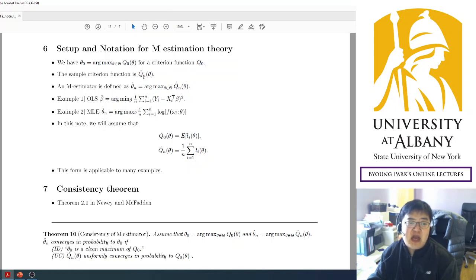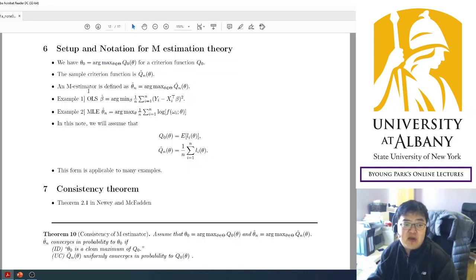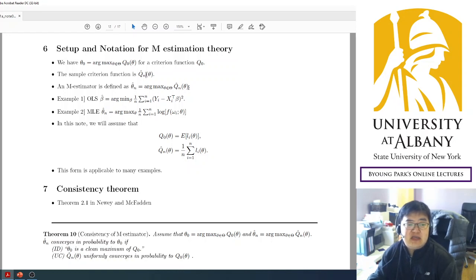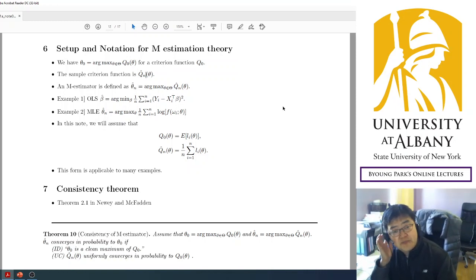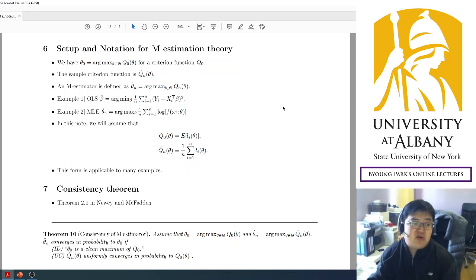So using n number of samples, we estimate the function, and then you obtain the M estimator by maximizing the estimated criterion function, right? So q hat is the estimated criterion function, and you are going to maximize based on your estimate of the criterion function.